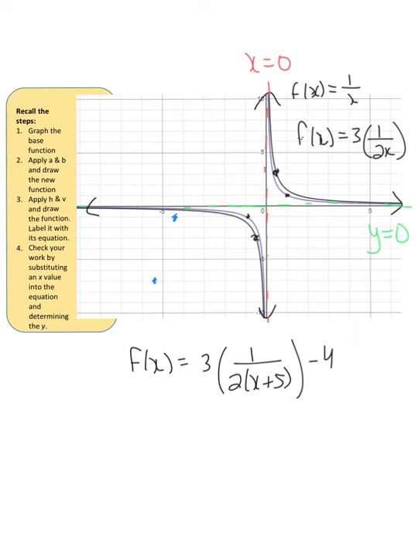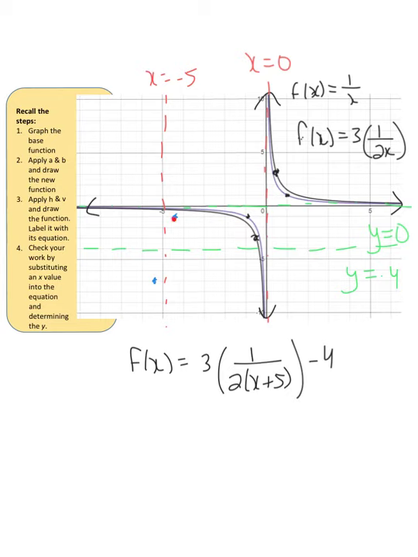When we move it 5 to the left, it now has the equation x equals negative 5. And the horizontal asymptote y equals 0. When we move it down by 4 units, our v value, we now get an asymptote at y equals negative 4.